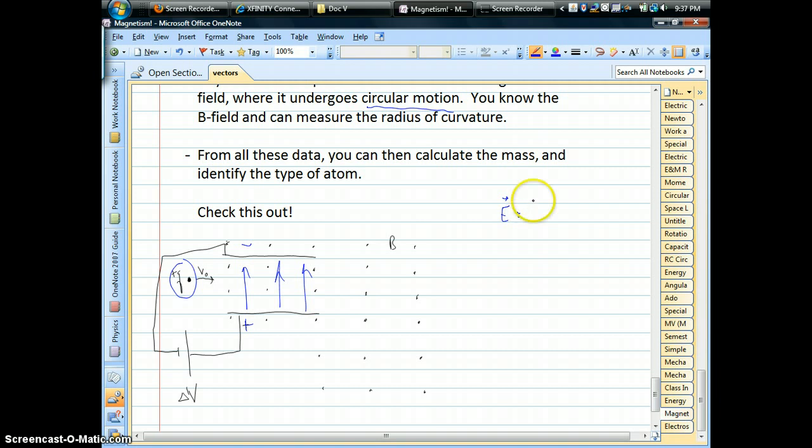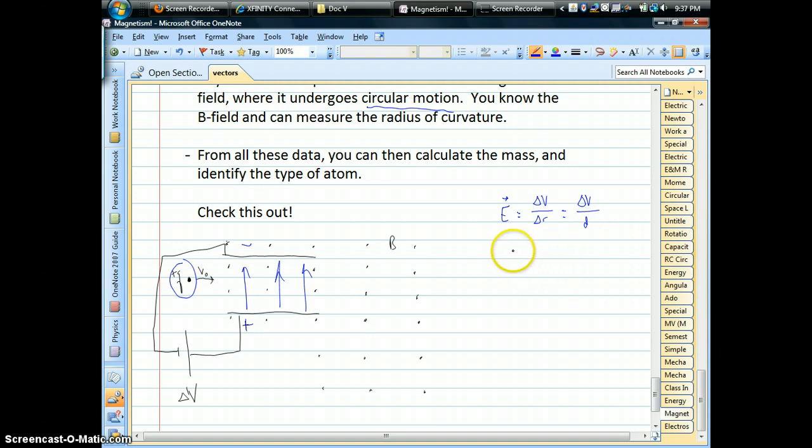Basically, not worrying about signs or anything, electric field is a change in voltage over a change in distance. So if we know the distance between those plates, it's just going to be whatever that voltage difference of your battery is divided by the distance between the plates. It's a constant force.